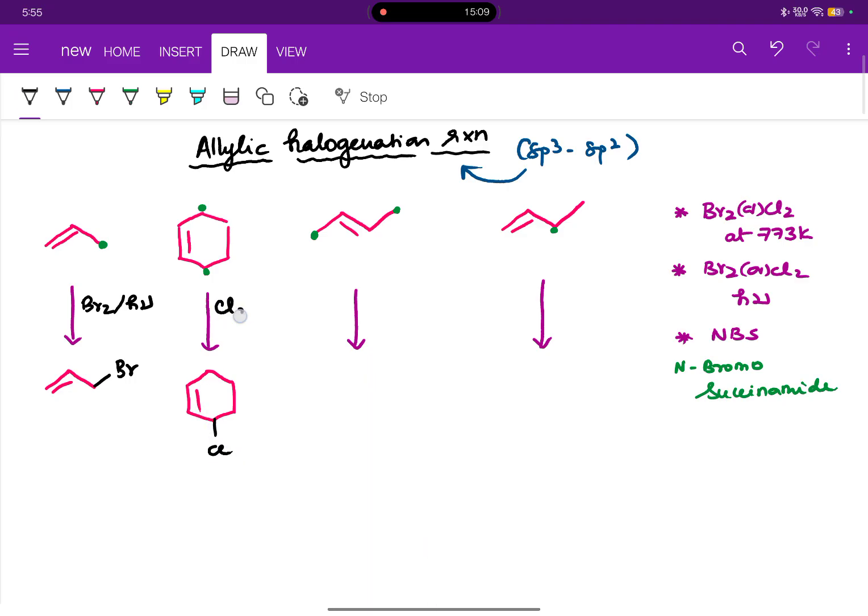It can attach anywhere. So again, we have another limitation here. Br2 at 773 Kelvin. So you can attach at any of the corners.